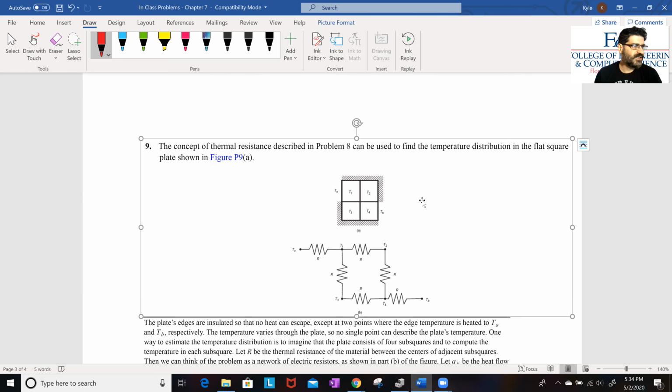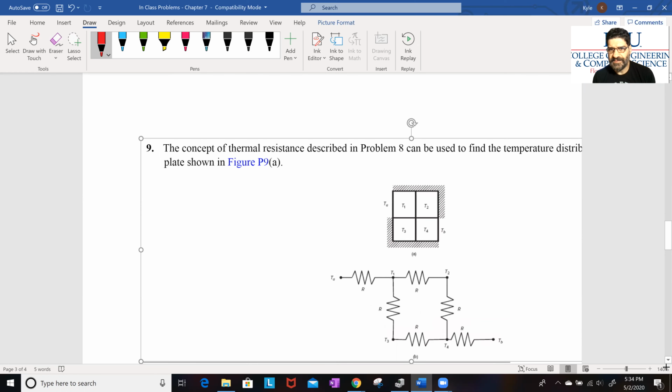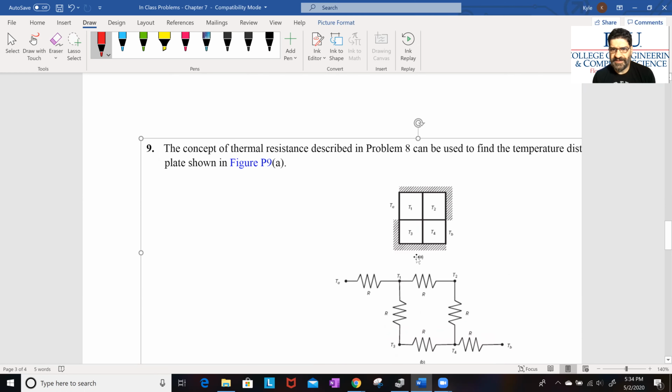So let's continue reading in here. We said that this is the circuit. Let me enlarge it a little bit. Again, you have T1 in here, T2, T3, T4, and you have TA here at the boundary and TB in here.